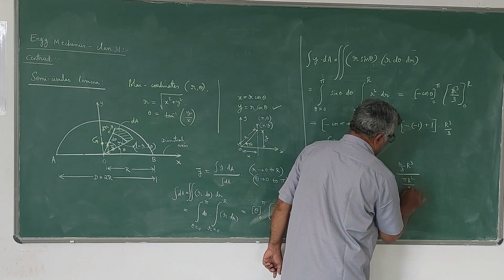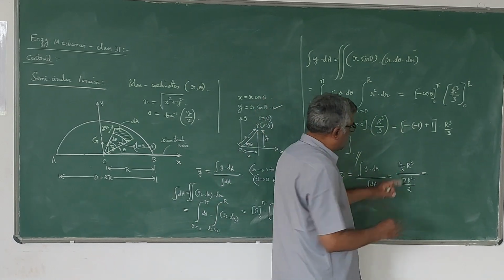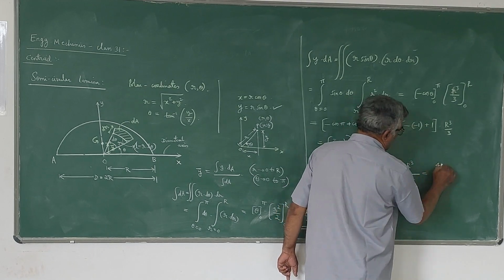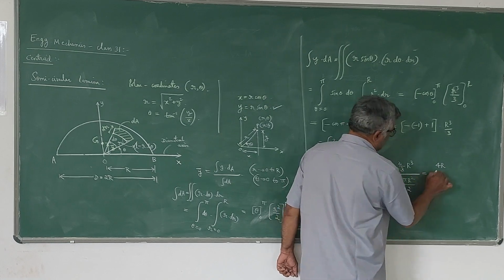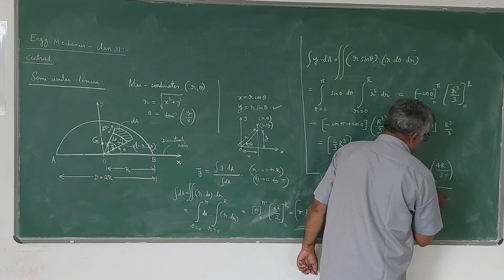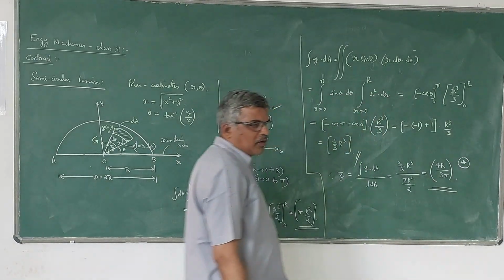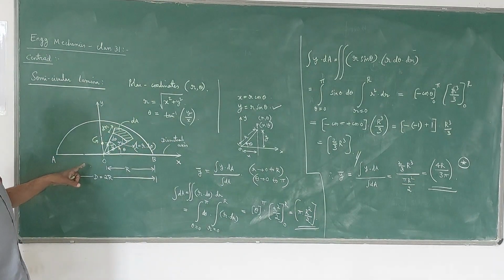If you simplify this, the 2 goes to the numerator, so it becomes 4 r cube and r square. One r square will get cancelled, 1 r will remain. The 3 comes to the denominator along with pi. So 4 r by 3 pi. This is the expression for the location of the centroid from the diagonal axis in the case of a semicircle.